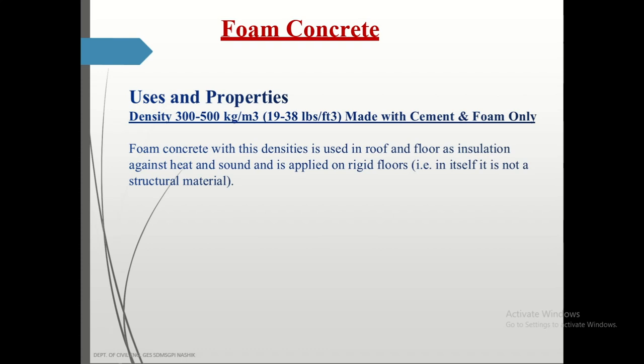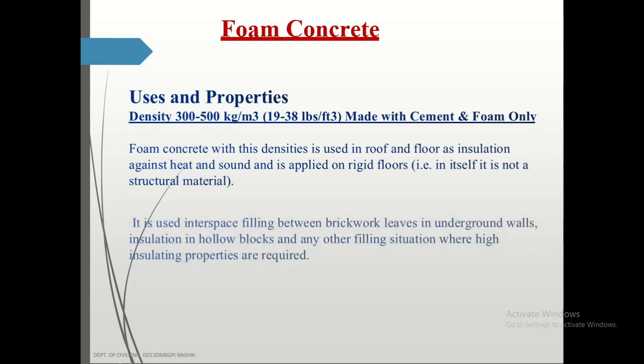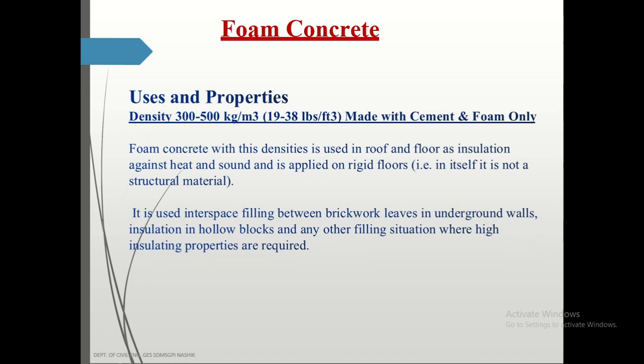Because by itself it does not act as a structural material, it just acts as a flooring or roofing material for insulation purposes, because of its low density, that is 300 to 500 kilograms. It is also used for filling between brickwork. So this kind of foam concrete we also use for filling between brickwork.